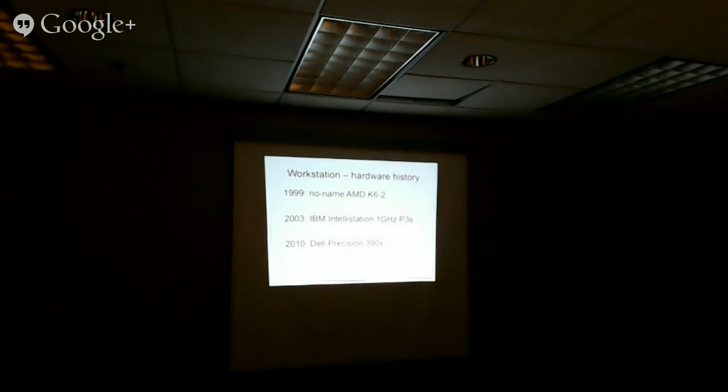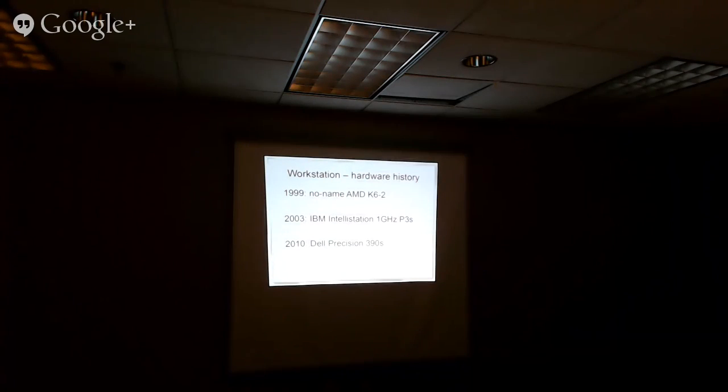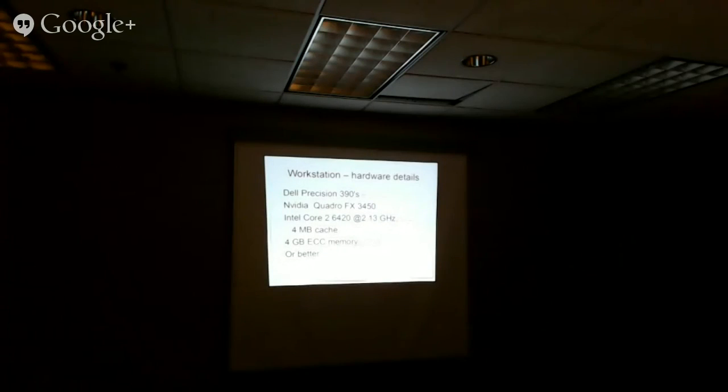That's worked out well for me. In 2010, the IBMs were replaced with a couple of Dell Precision 390s. Once again, they were 2 to 3 years old at the time, and they have given good service. They're easy to work on. They have nice cases, and so forth.